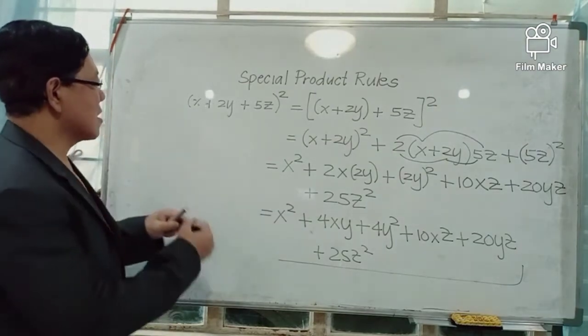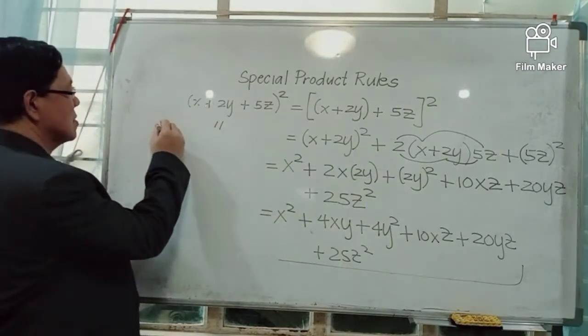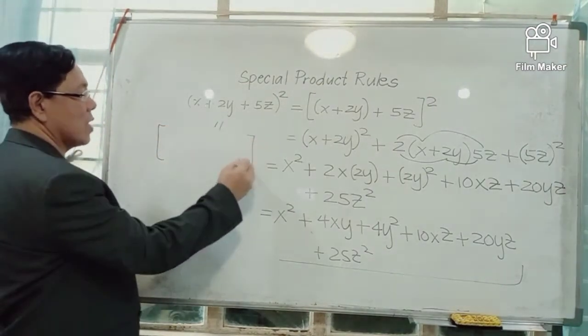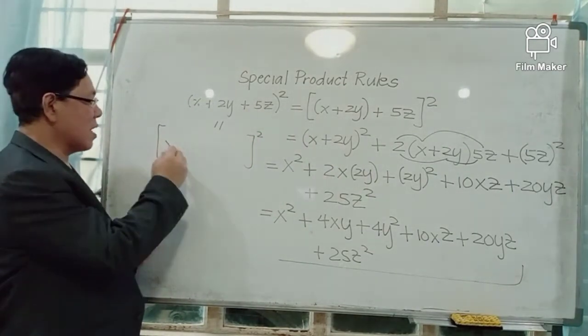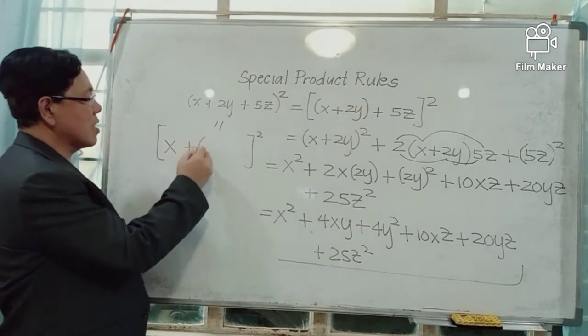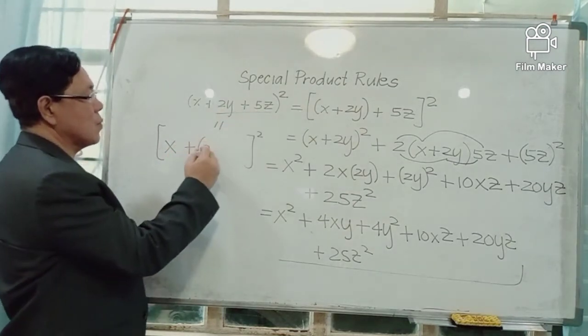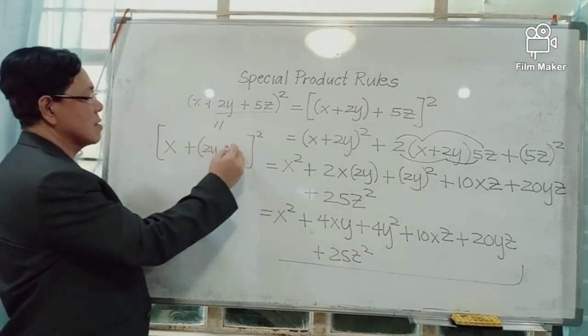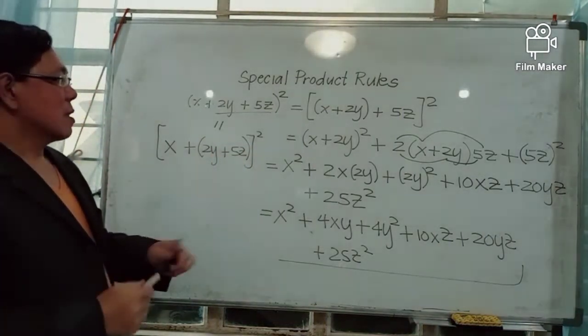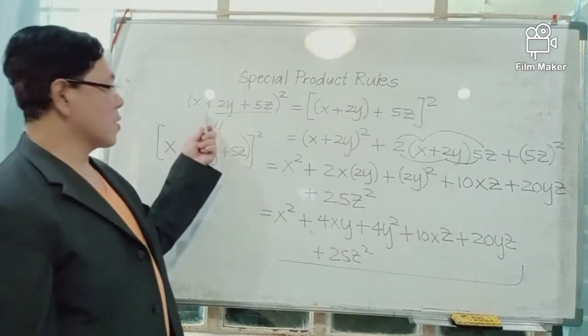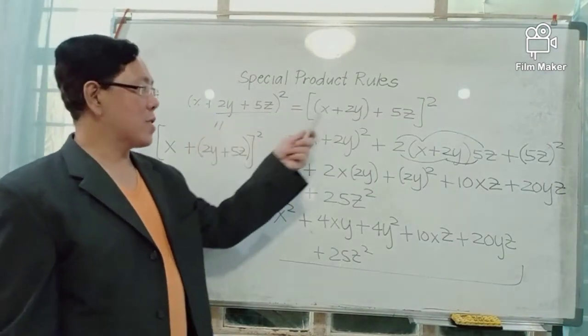You can also rewrite this as the square of a binomial where the first term is x and the second term is the sum 2y plus 5z. In this solution, we group the first two terms as one term.